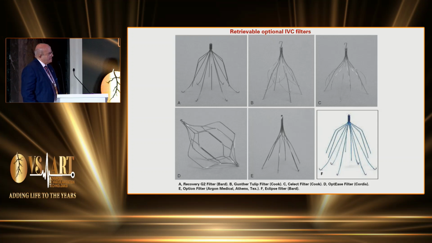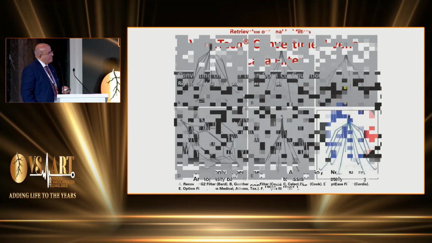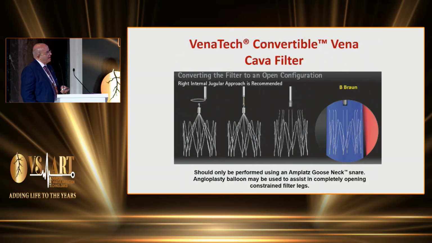The Recovery filter from BARD, the Tulip filter from Cook, and the Celect filter from Cook also, the Option filter from Argon, and the Eclipse filter from BARD. So there are many types and shapes of filters to guard against the propagation of the thrombus to the pulmonary arteries.